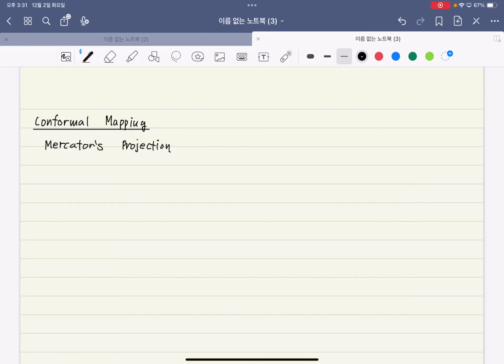Suppose that this function is mapping this point from this domain to this point in the codomain. And just consider any two curves passing through this point. The first one is maybe this, and the other one maybe that.